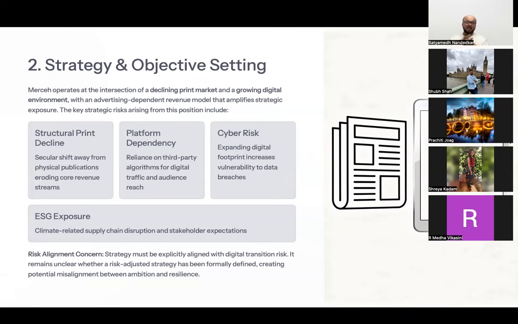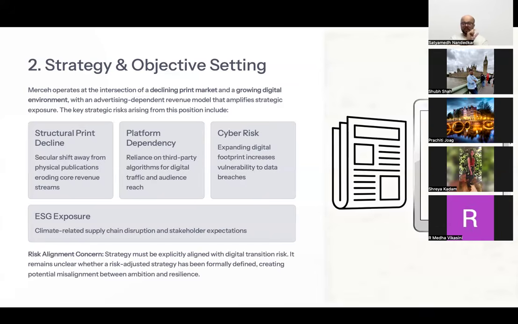What it signals is that the company knows the world it belongs to is digital, but there is a possibility that the company is not yet ready to tackle the challenges faced when you are moving to the digital world. So that could lead to further erosion of revenues.